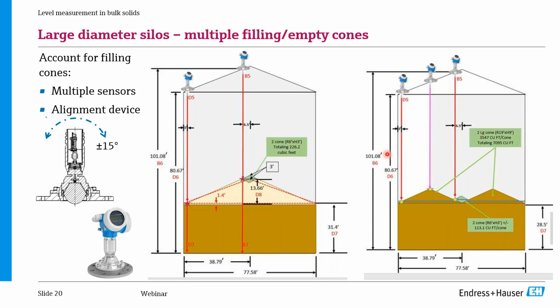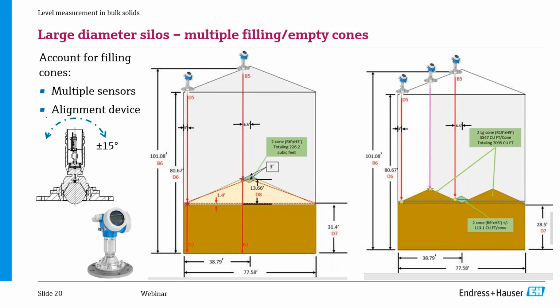Okay. Good. So that's a very interesting topic, especially when we talk about level measurement in solids, when you don't always have very narrow silos. So how do you effectively monitor the level and even convert it to volume if you have very, very large diameter silos? There are different approaches, different ways to solve this kind of problem.